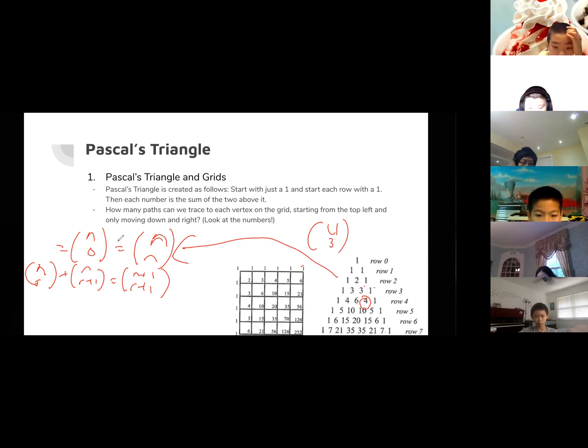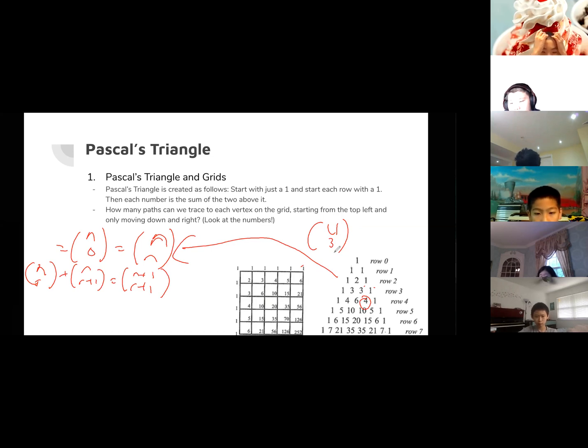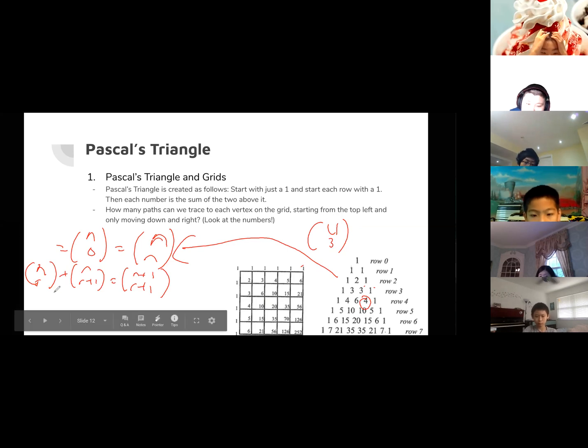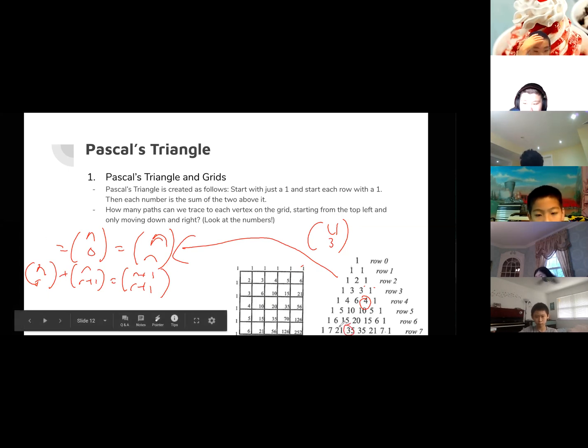The reason why this is the case is not really important, but let's use an example that's slightly bigger. This one would be 7 choose 3, and you want this to be 6 choose 2 plus 6 choose 3.